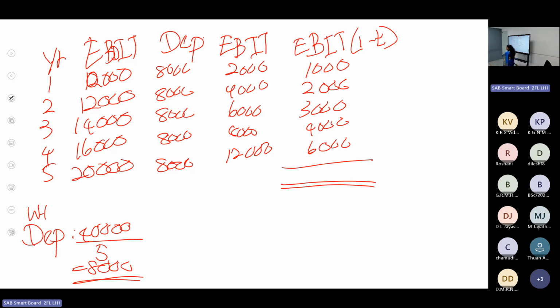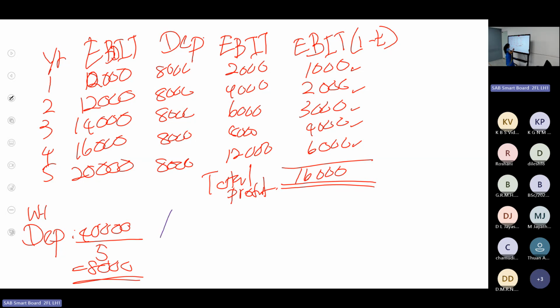Total of the net profit: 1,000, 2,000, 3,000, 4,000, 6,000 means how much is it? 16,000. This is the total profit, right? What do we need? We need the average.